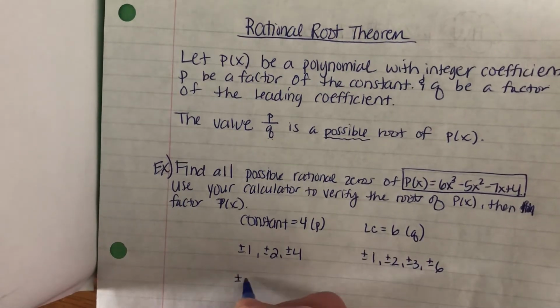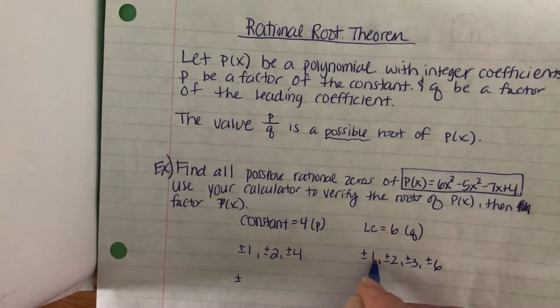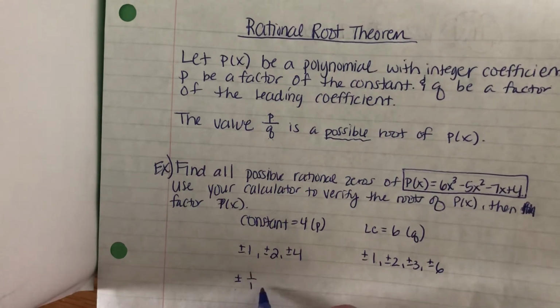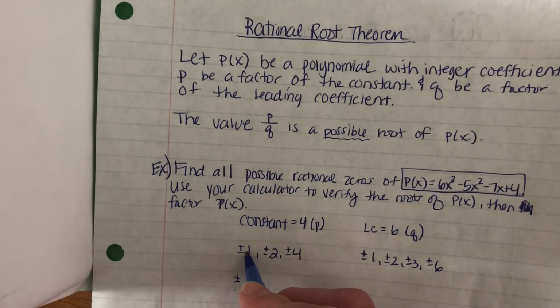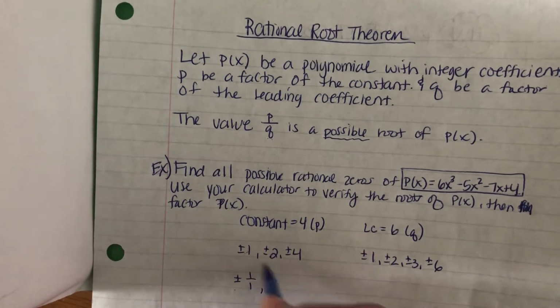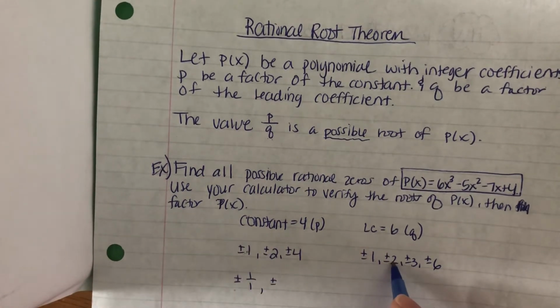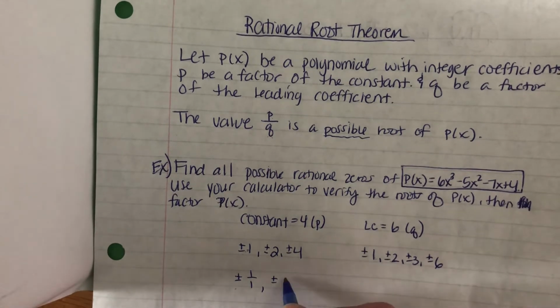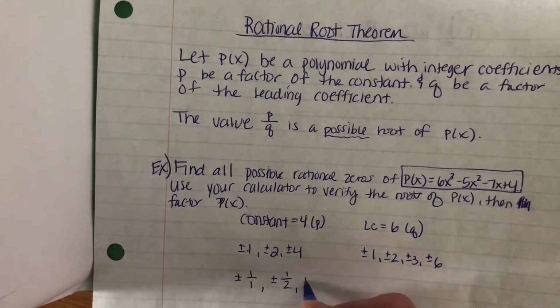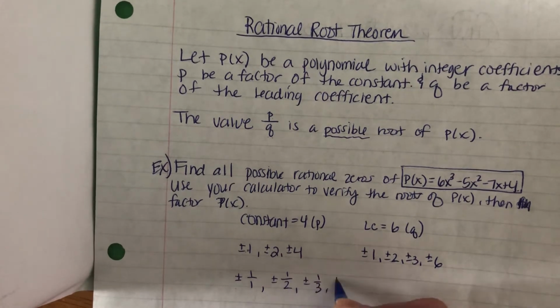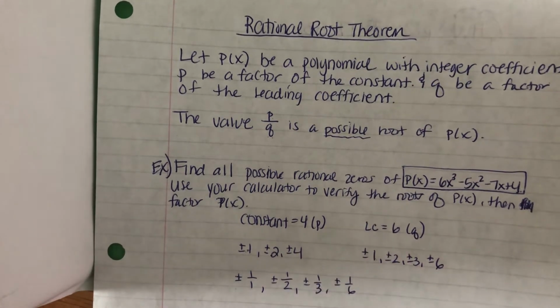I'm going to do plus or minus 1 over 1, which is just 1, but I'm just going to write it there so you can see the p and the q. And then go back to the 1 again. So plus or minus 1 over the second q value, which is 2. Plus or minus 1 over 3. Plus or minus 1 over 6.